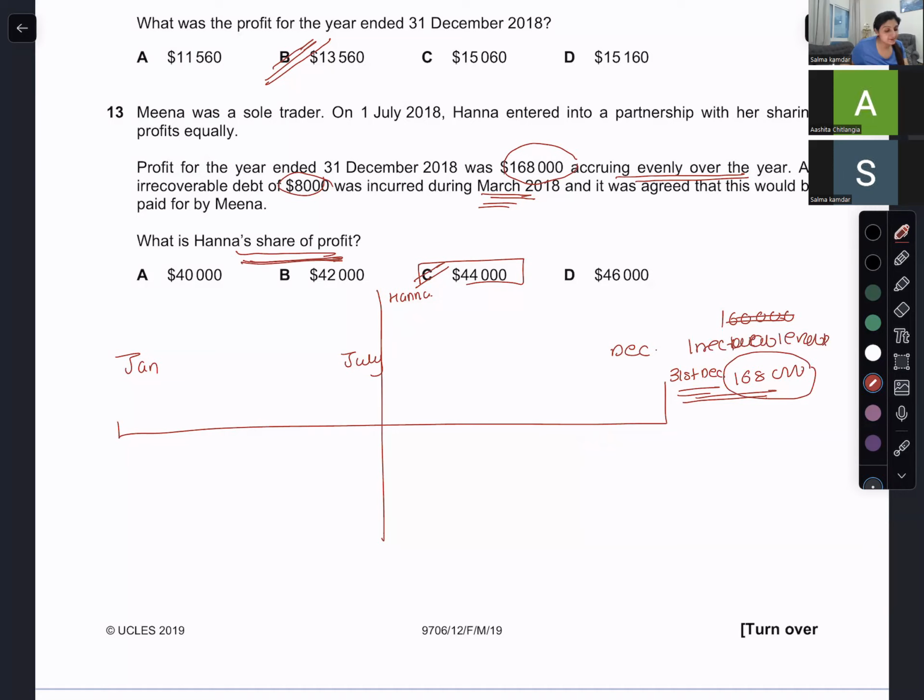168,000 plus 8,000, okay, 176,000. And Meena said that whatever is this irrecoverable debts, I will bear personally. So the profit before irrecoverable debts would be shared. So 176,000 divided by 2. For the first 6 months, the profit is 88,000, and for the next 6 months, the profit is 88,000.